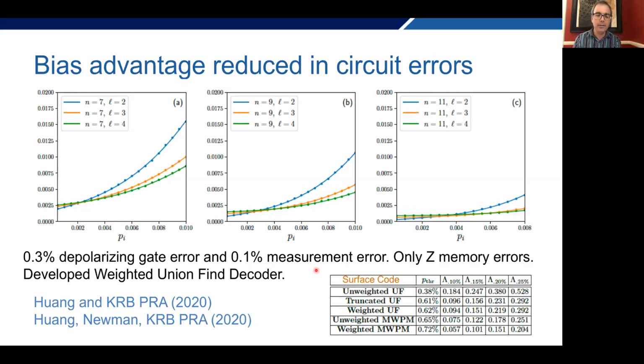I also want to point out that we used the weighted union-find decoder to look at the surface code using a standard error model. And you see that it takes the unweighted union-find threshold from 0.38% to 0.62% using the full weights. And if we just truncate it to a finite set of weights, we get almost the same quality threshold, and the decoder is really quite fast.